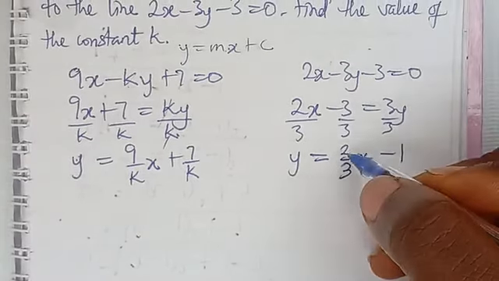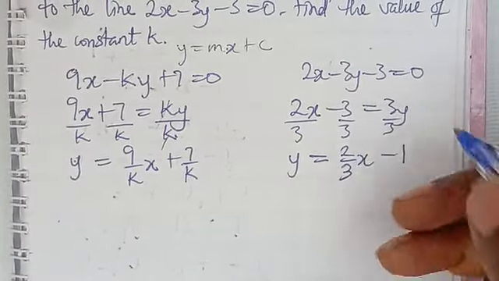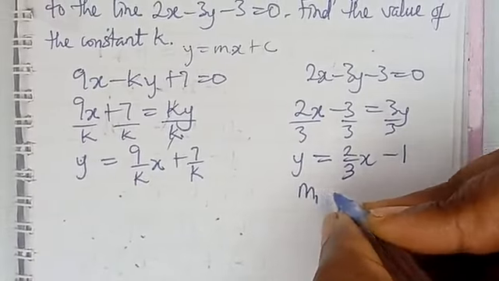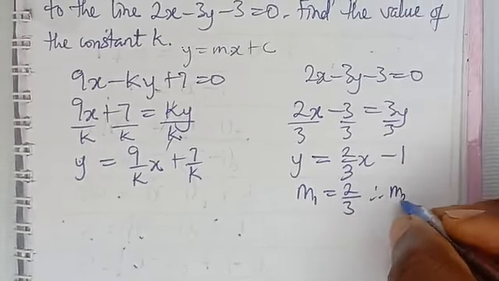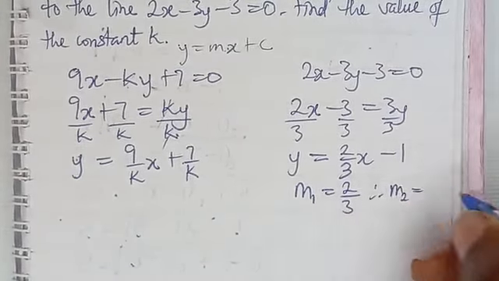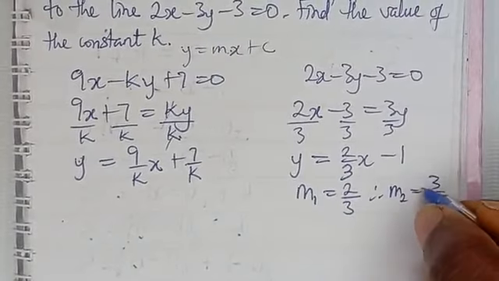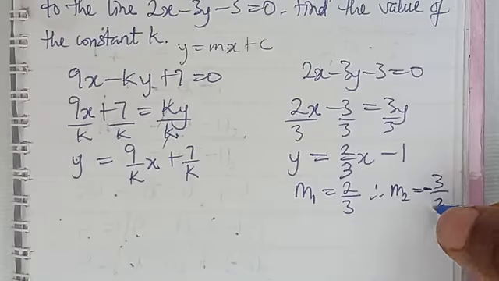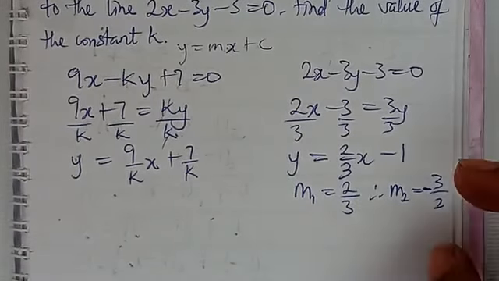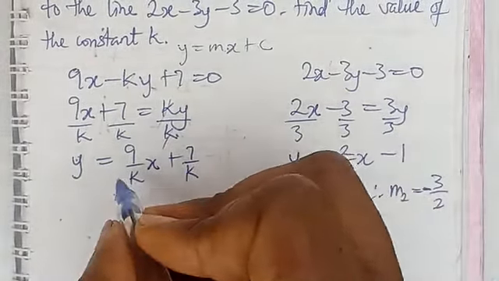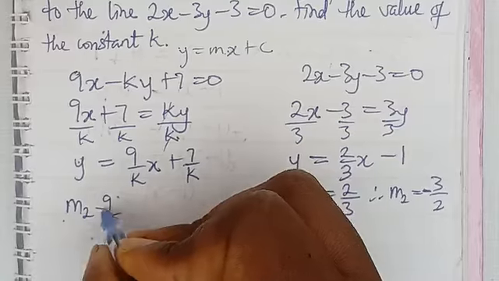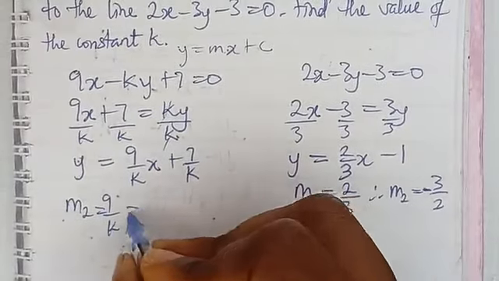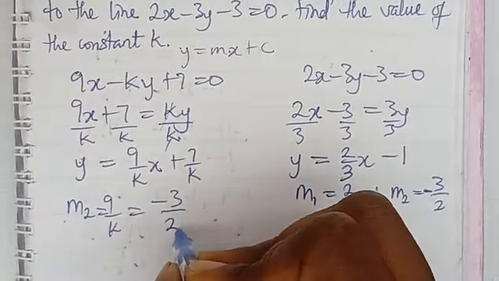So since we know the gradient of this is m1 is equal to 2 over 3. Therefore, m2 will be equal to the inverse of this, which is 3 over 2, and then the negative, right? Negative inverse of this, we add the negative. So, meaning that if this is m2, m2 is 9 over k. It should be equal to negative 3 over 2.